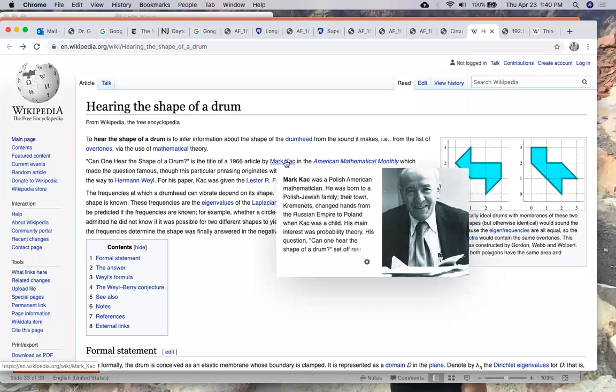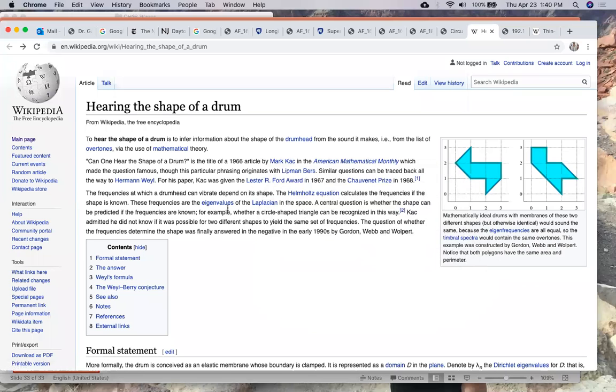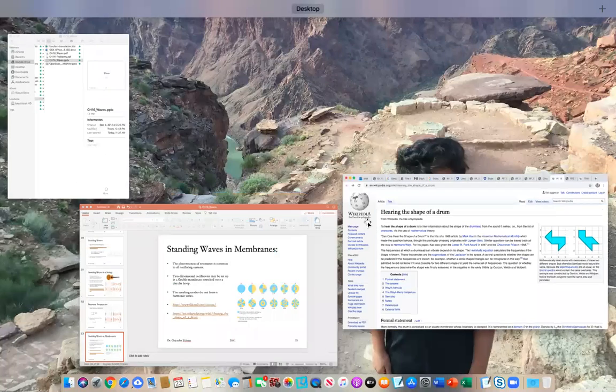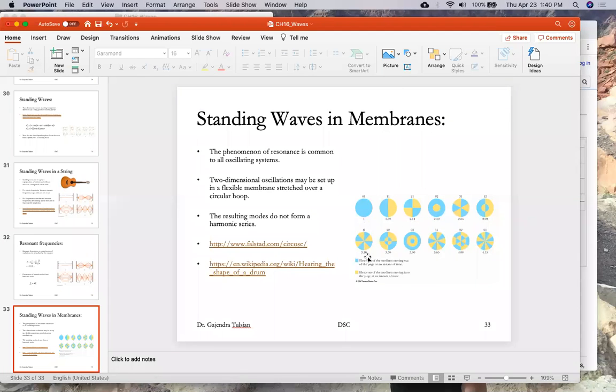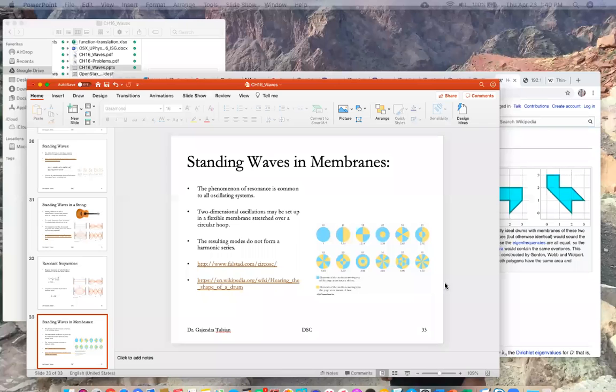So here's Mr. Kac. He asked the question, and it turns out that these frequencies, called the eigenfrequencies of oscillation, depend on the shape of the drum. So the answer to that question is a partial yes.